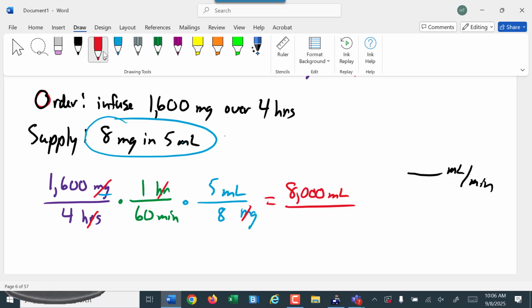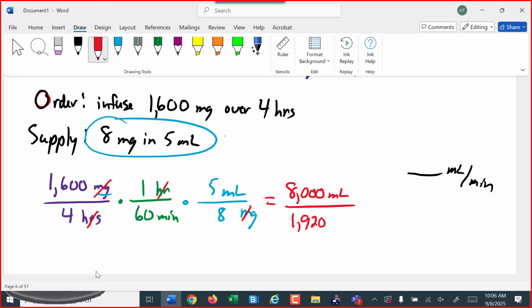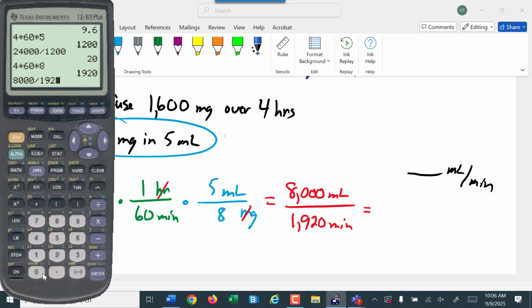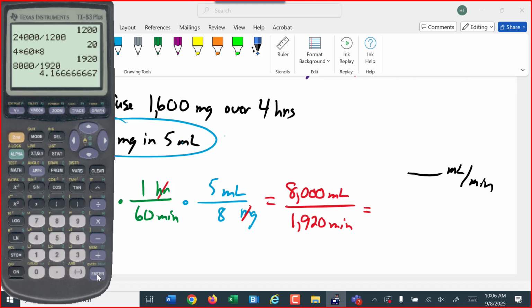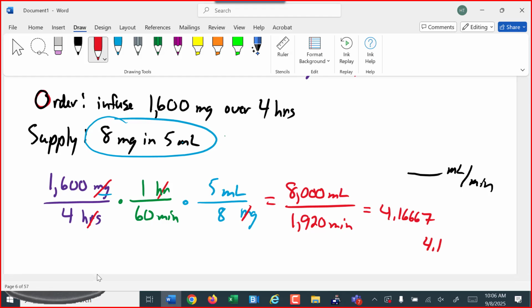On bottom, 4 times 60 minutes times 8 gives us 1,920 minutes. So we go ahead and divide that out. 8,000 divided by 1,920. And we get 4.166666. We will round that to 4.17 milliliters per minute. So any questions how we got that far? How did we get to that number?